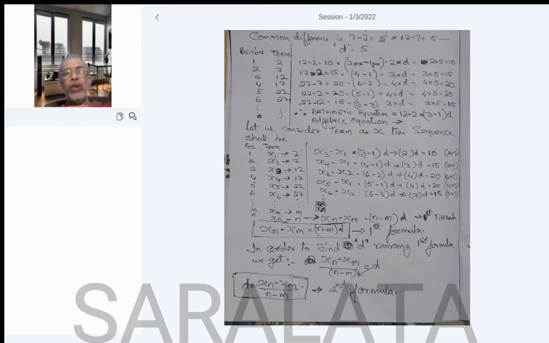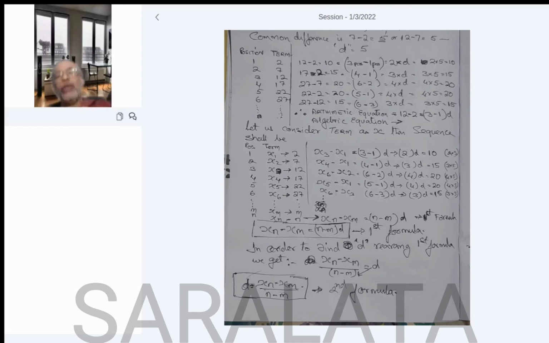Now this formula, if I again rearrange, and instead of xm, I put x1. Or even if we work with m, it hardly matters. It's the same thing. But just to make ourselves more sure about the first term, because normally a question comes with the first term or the second term.